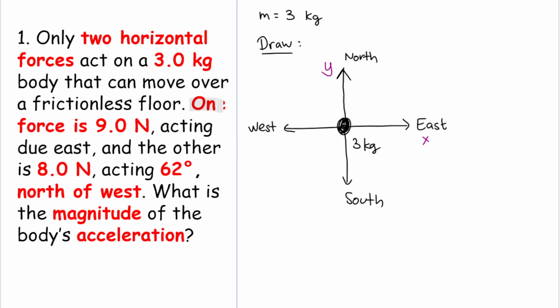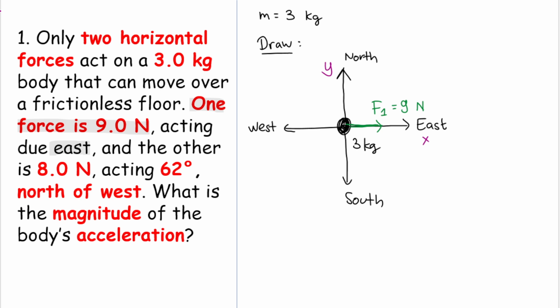Good. And now we have to work on this problem here. One force is 9 Newton. So we will have 9 Newton here acting due east. Okay, so we have this force here. Let's name this one F1, and that will be 9 Newton. Good. The green force here. And the second force, the other force, is 8 Newton north of west. Okay, west is here.